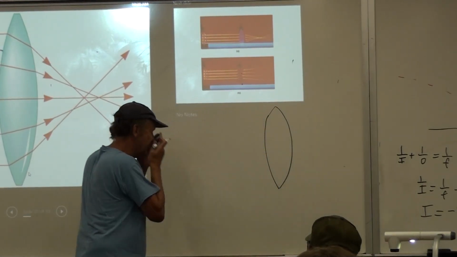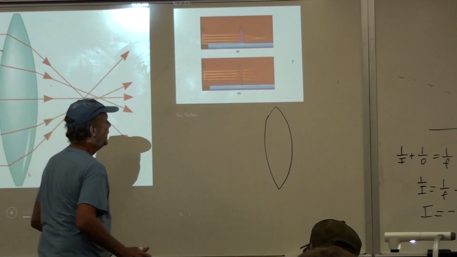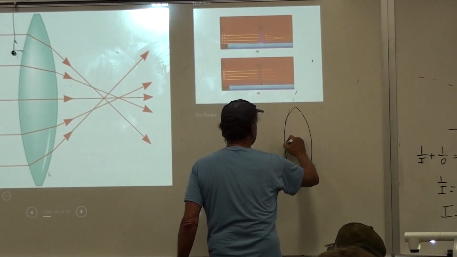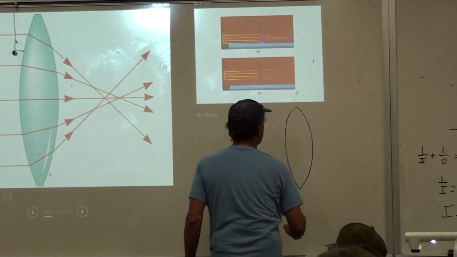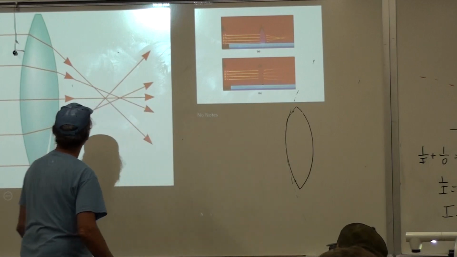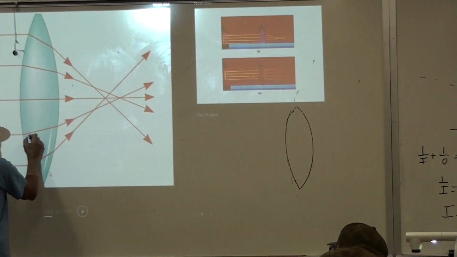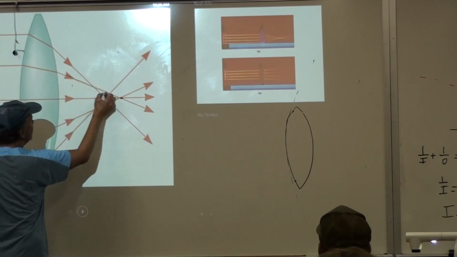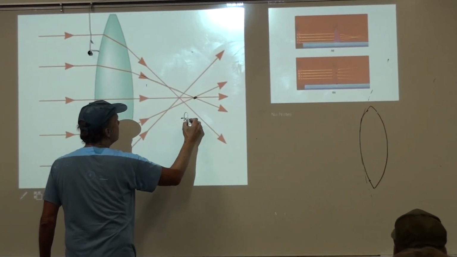It's just way more expensive and harder to do. A parabola fits nicely into this part, but not so well up here. So the light that comes in closer to the center of the lens will come together at the focal point.